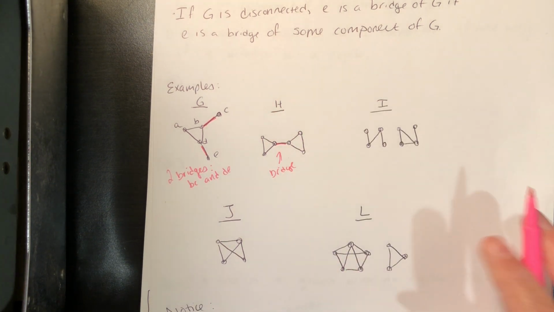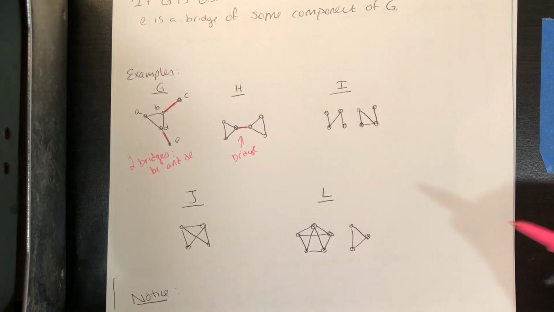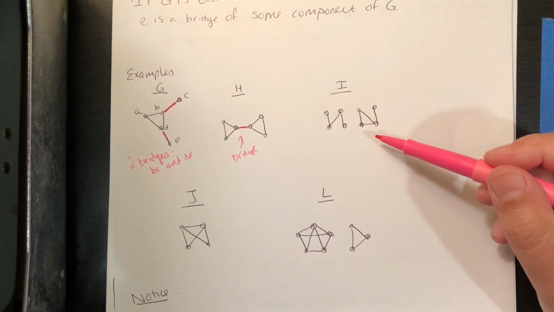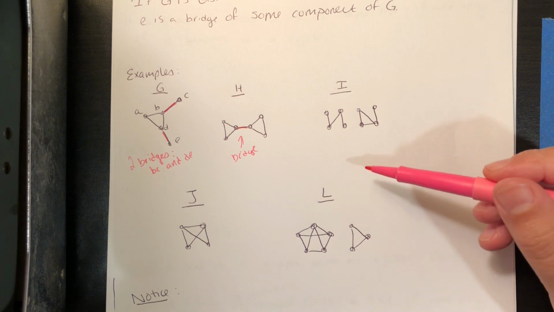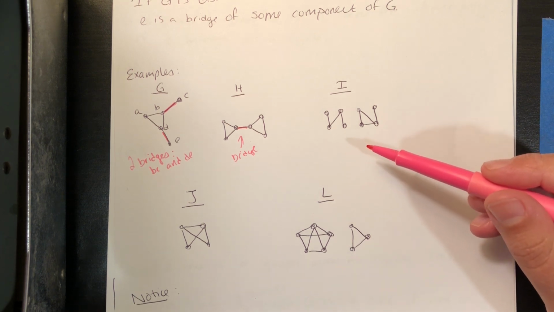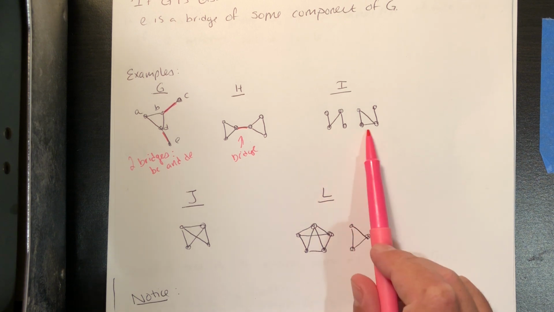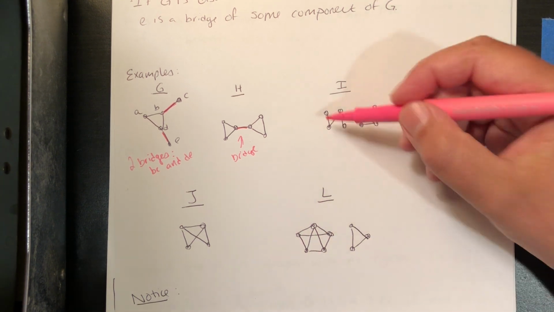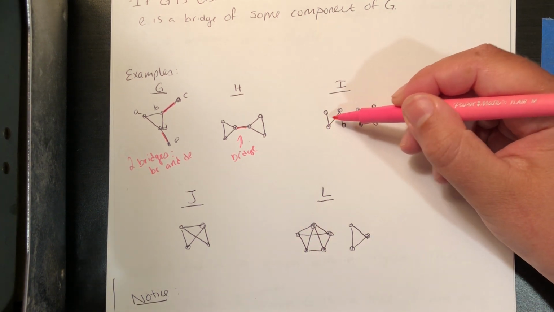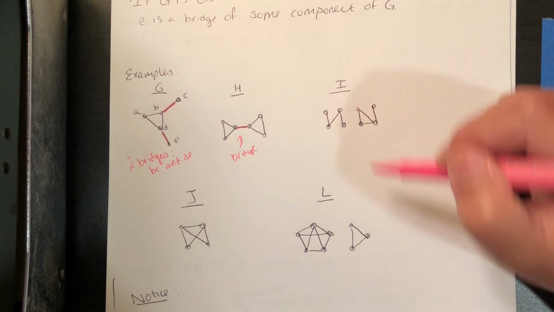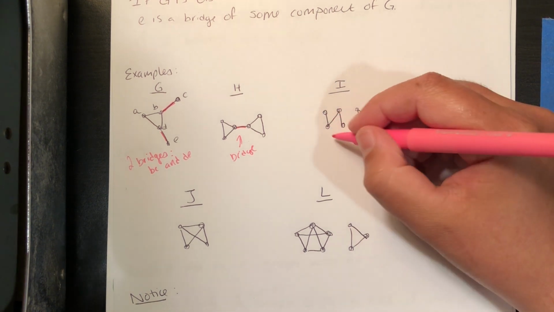Okay, and in this last example here, this is a disconnected graph. So remember, to look for a bridge means to look for an edge which would disconnect its individual component. There's 2 components here, 1 and 2. Here, each one of these is a bridge. If you were to delete even one of these edges, you would disconnect this component of the graph.